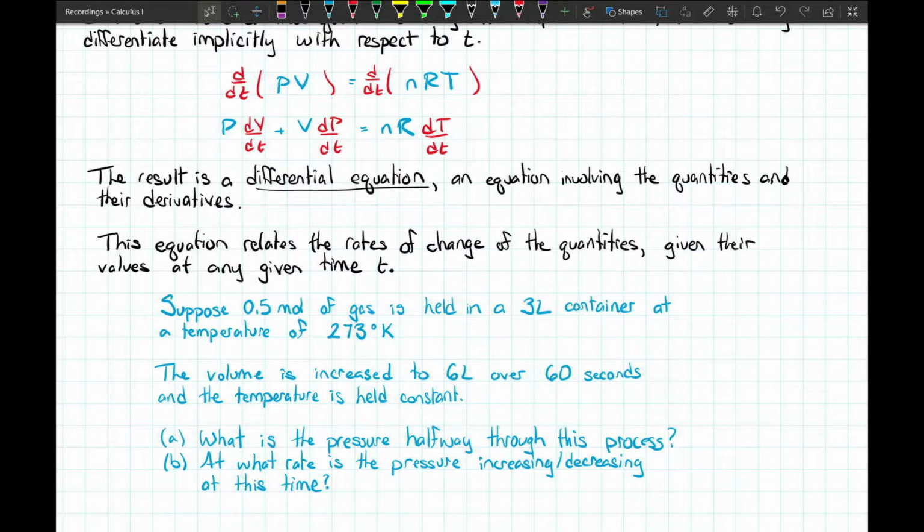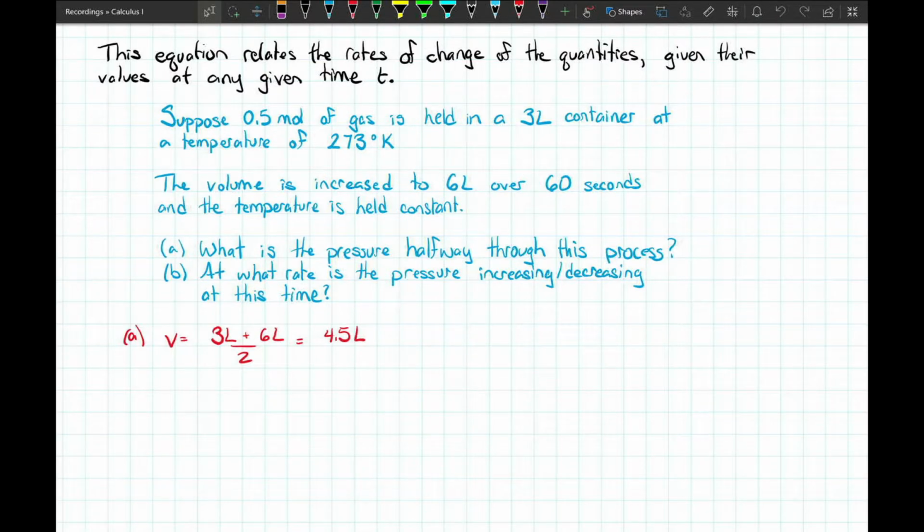In part A, if we're halfway through this process, then we should be halfway through the change of volume, halfway between 3 liters and 6 liters. Halfway through that change, we would be at an average of 3 plus 6 over 2, which gives us 4.5 liters.